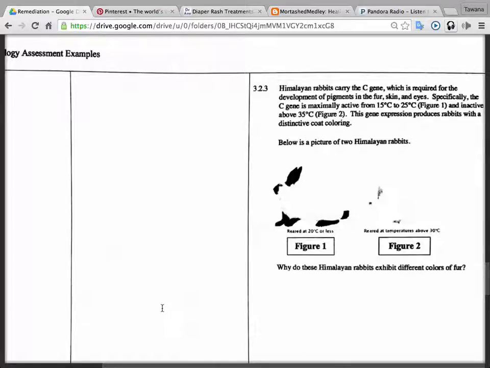So then answer the question: why do these Himalayan rabbits exhibit different colors? Because of their environment. The environment determines whether the gene for fur pigmentation is expressed.